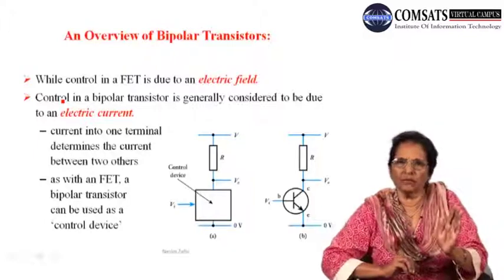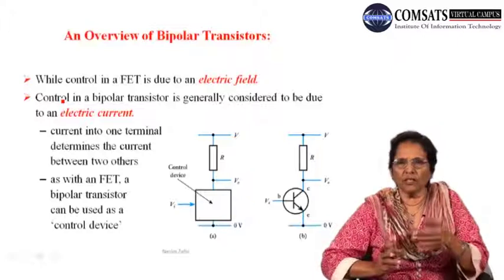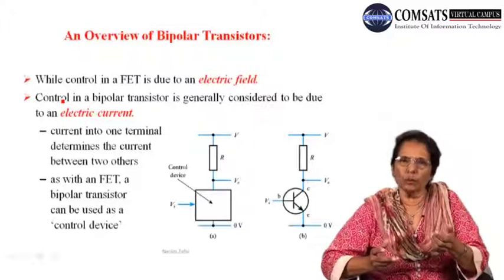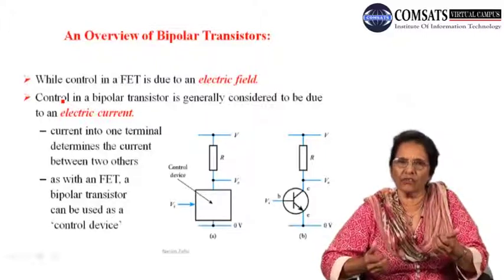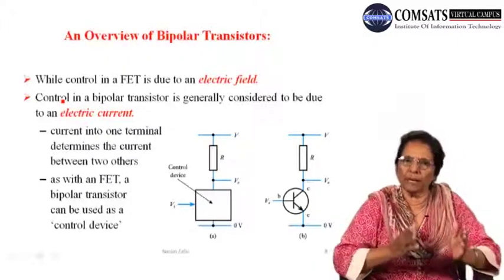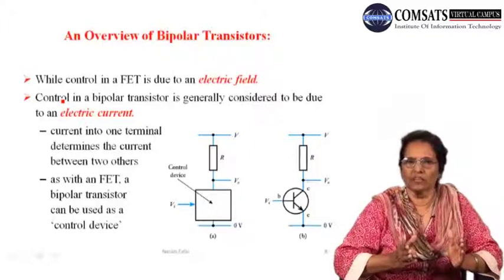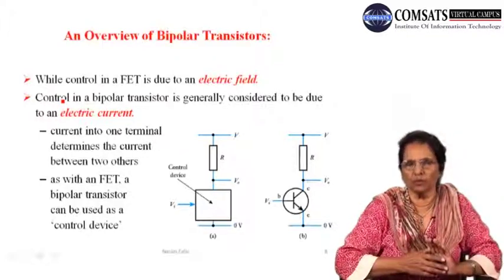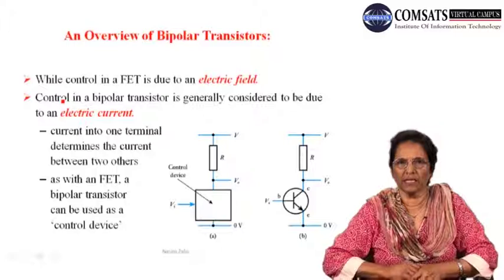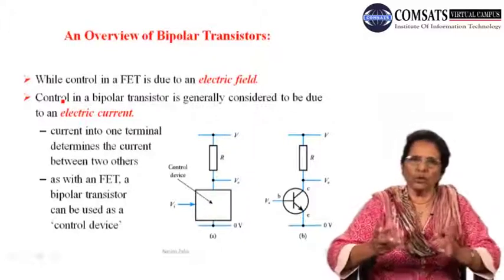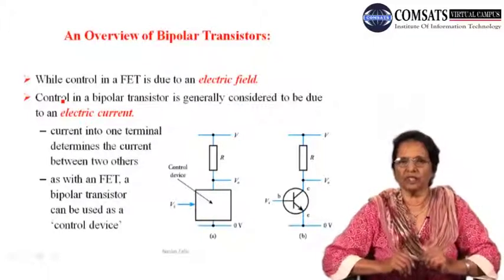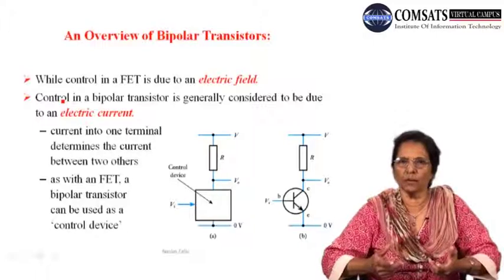But there is one important thing we have to keep in mind, whether your transistor is PNP or NPN, in the normal mode of operation, that is in the active mode of operation, where you want to use the transistor as a current device, the first diode, that is the emitter base junction of the transistor, we normally forward bias, and the base collector junction we normally reverse bias. Forward bias and reverse bias, accordingly the polarity of the forward bias and reverse bias would obviously depend whether the transistor is NPN or whether you have chosen a PNP transistor.